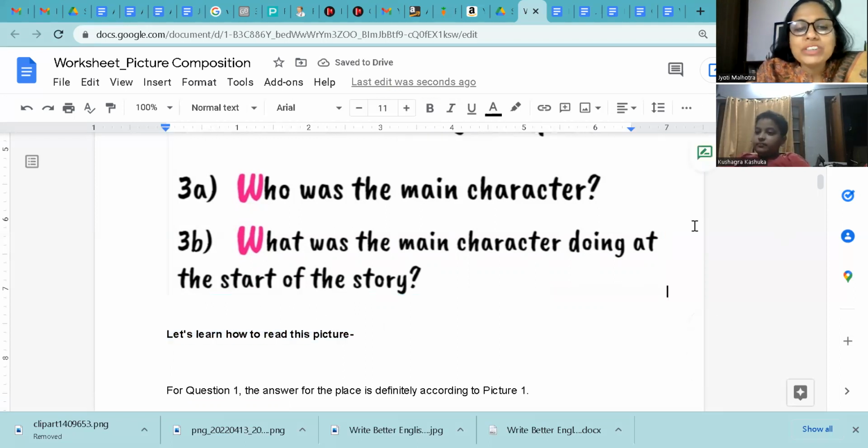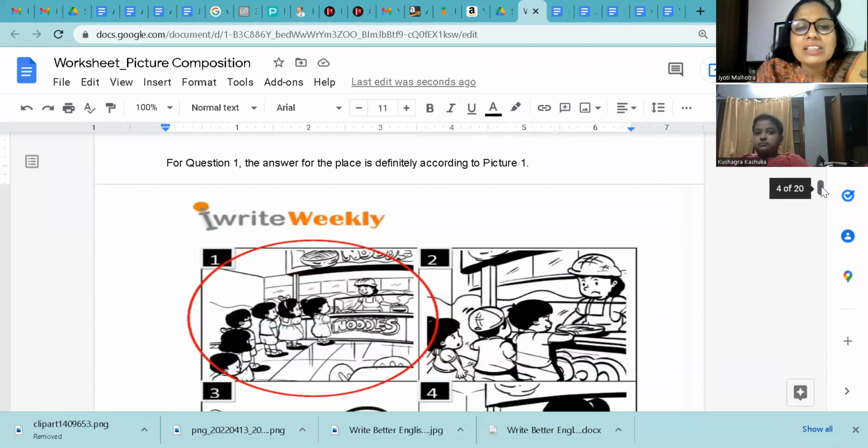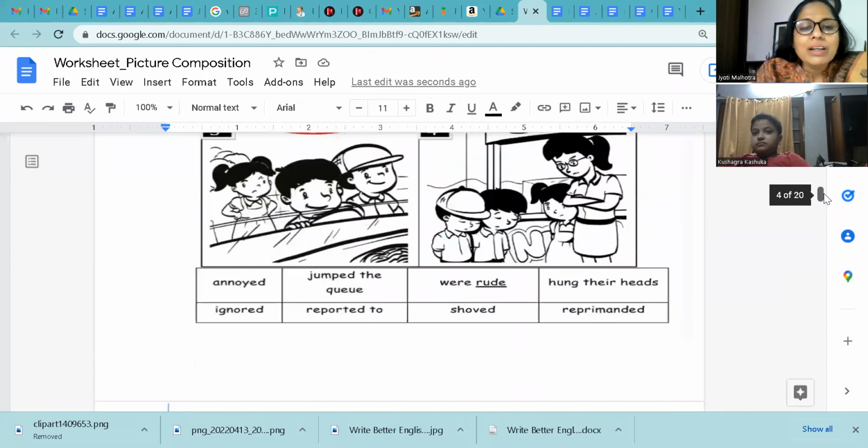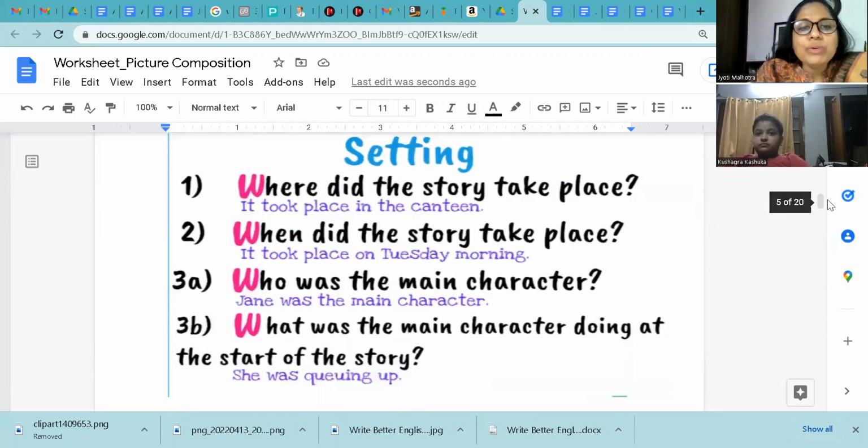Okay, for question 1, we've already discussed it, but see, the answer for place is, according to picture number 1, the school canteen. Okay, so it took place, see, I've answered this for you, in the canteen. Then this is a detail we have added, that it took place on Tuesday morning.